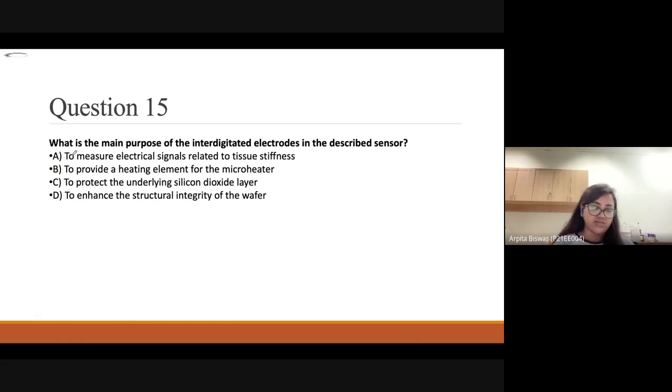So which one is the right answer? So the right answer is option A, to measure the electrical signal related to the tissue stiffness.